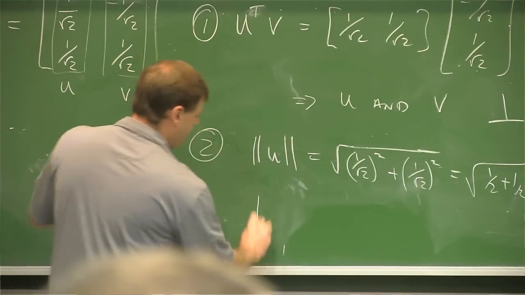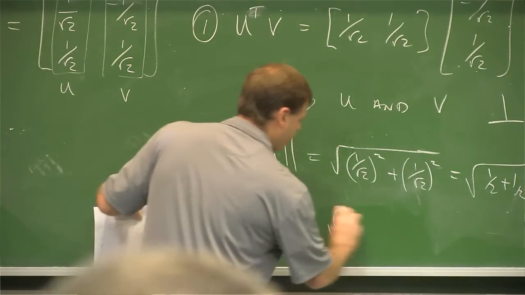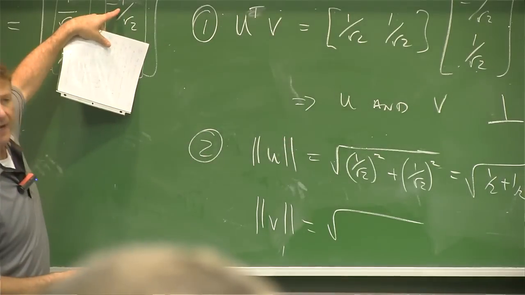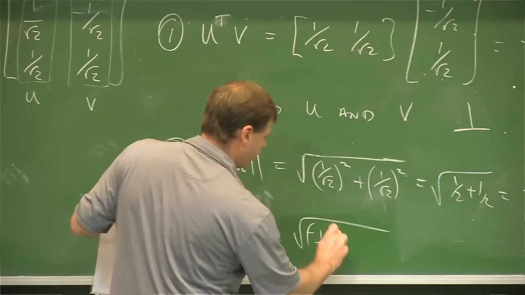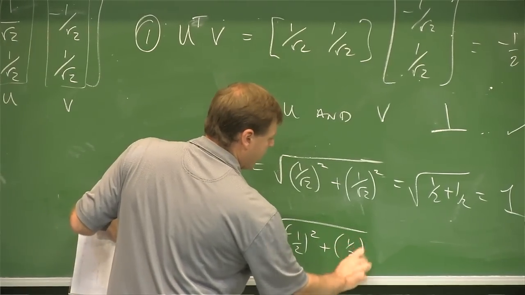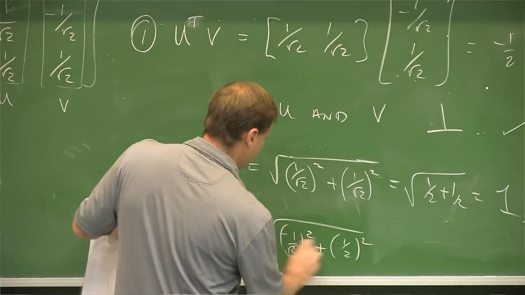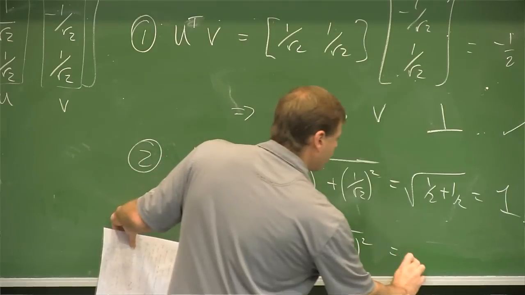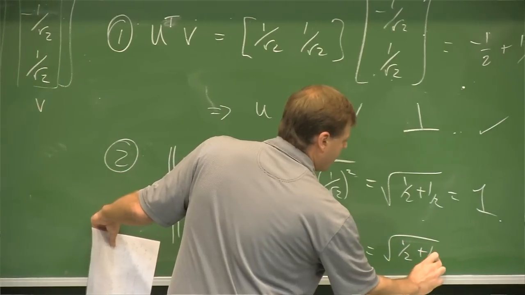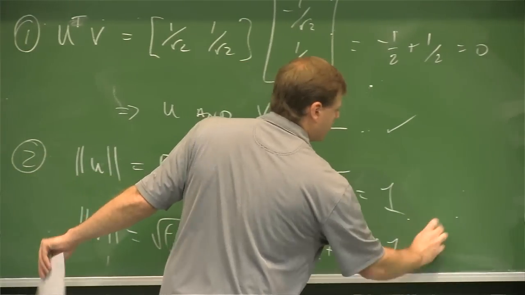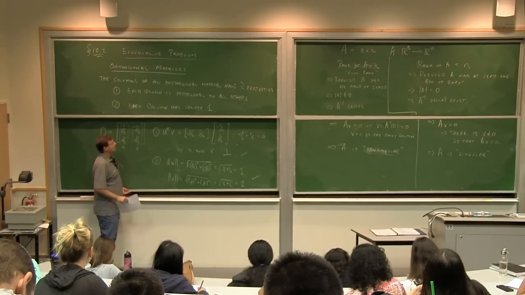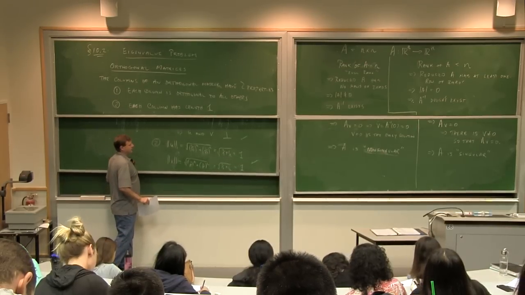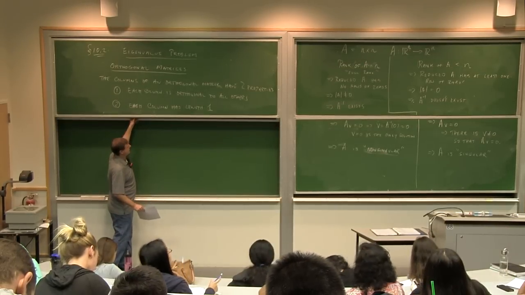And then same with V. Here I have negative a half, but it doesn't matter because I'm going to square it anyway. It's negative 1 over root 2 squared plus 1 over root 2 squared. That's equal to the square root of 1/2 plus 1/2, which is also equal to 1. So it satisfies both those conditions. There's an orthogonal matrix for you to chew on for a little bit.